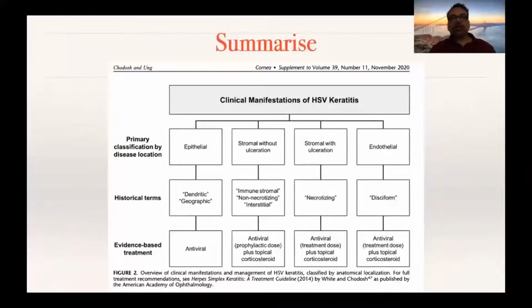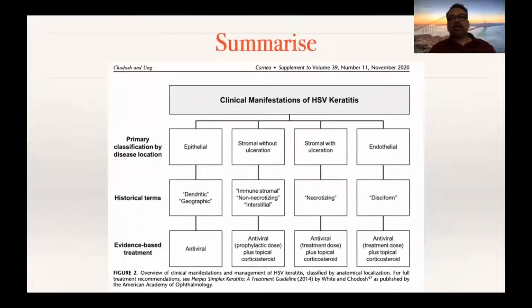To summarize, for epithelial keratitis, topical antivirals, and oral antivirals in cases of antiviral toxicity. In stromal disease without ulceration, that is immune stromal, antivirals in prophylactic dose plus topical corticosteroids.